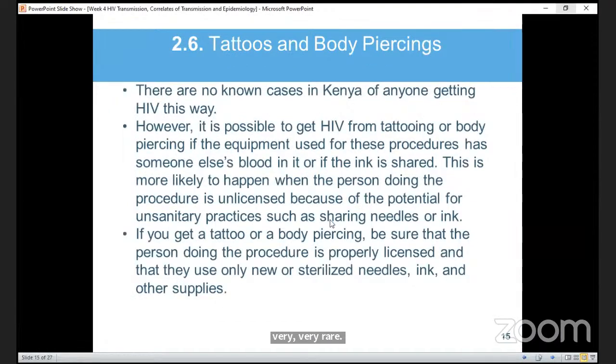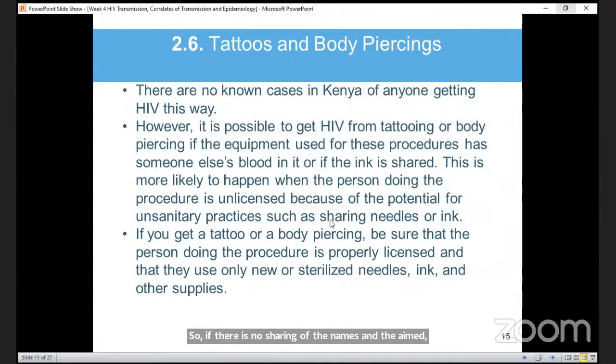Okay. Then tattoos and body piercings, just like injectable materials. During tattooing and body piercing, we normally have needles used to pierce the skin, and we also have the ink normally used for making the drawings. So if there is no sharing of the needles and the ink, then there's no cause for alarm.